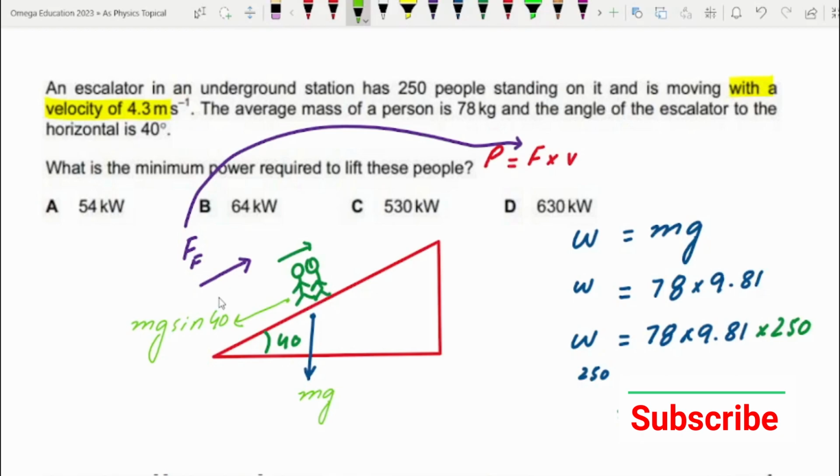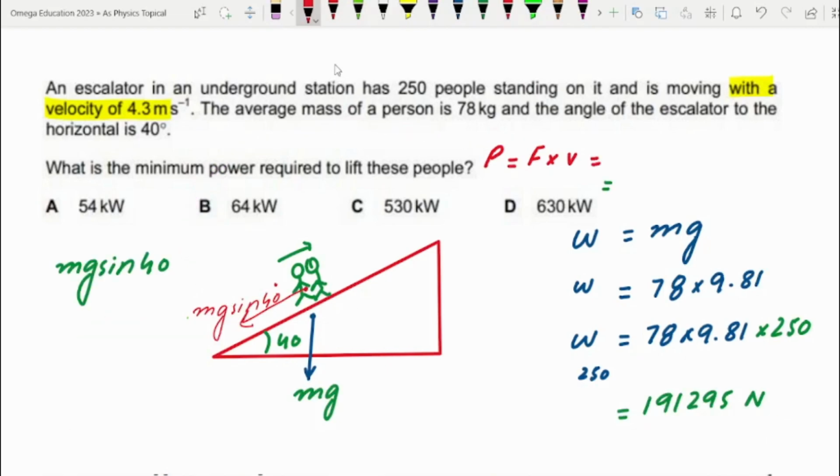So we need to apply the force equal to mg sine theta to make these people move up the escalator. So what is that force? mg sine theta. We do have the value of mg for all 250 people, so let me first find the value of mg sine 40.